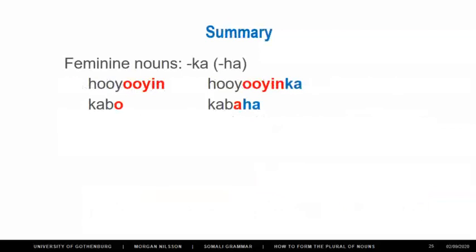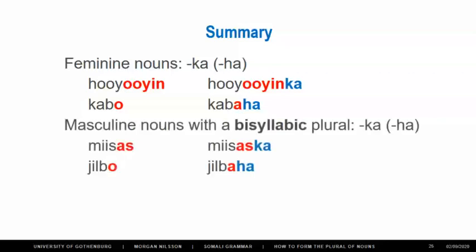That was all, and we can then see that we have kind of three groups with two types in each group. First we have feminine nouns with two types of nouns, and then we have the masculines with two syllables in the plural that fall into two types of nouns.